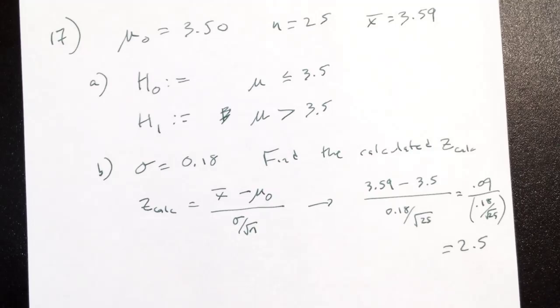In this case, the problem in the textbook says at the 1% significance level, determine whether or not Green Beam is telling the truth. Well, that's our significance level, that's alpha.